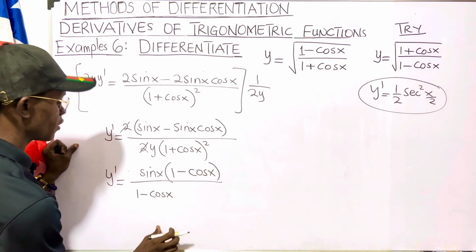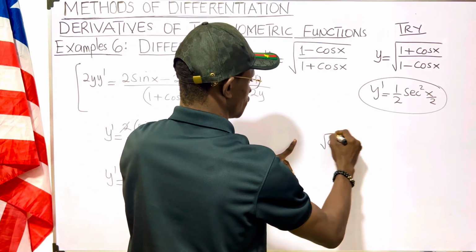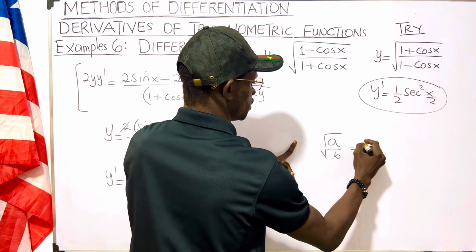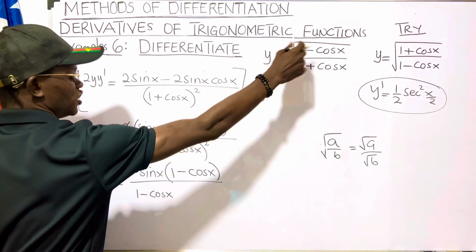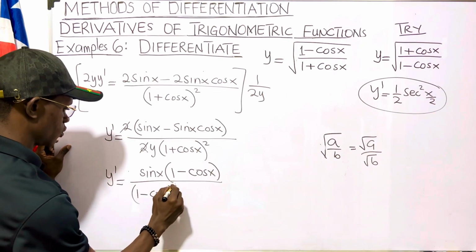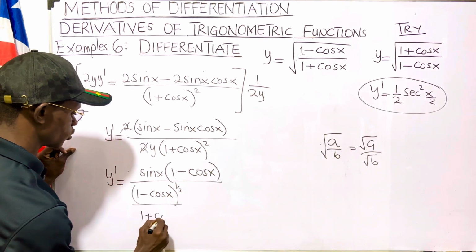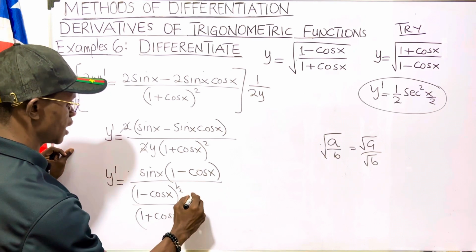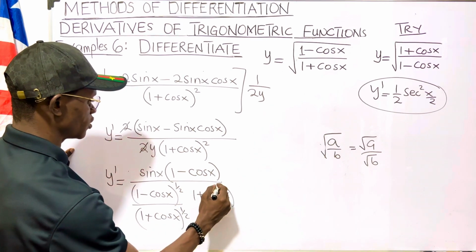If you have the square root of a over b, this can be equal to the square root of a over the square root of b. So the numerator is 1 minus cos of x raised to the power 1 over 2, and the denominator is 1 plus cos of x raised to the power 1 over 2, times 1 plus cos of x raised to the power 2.